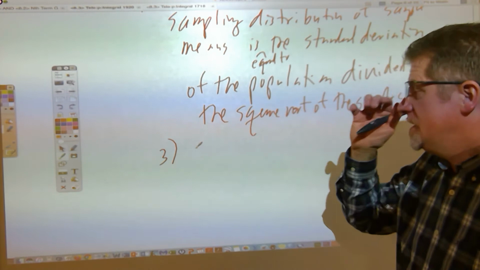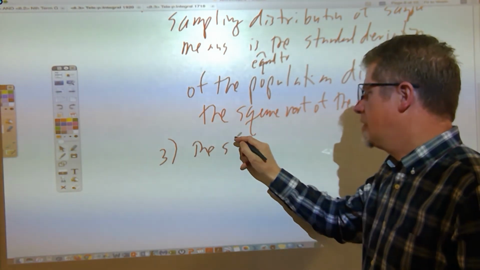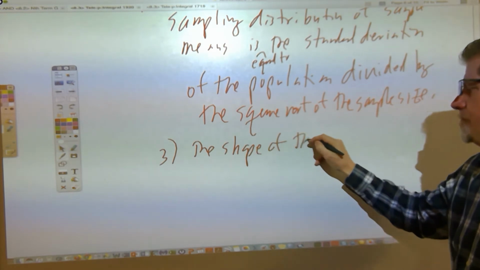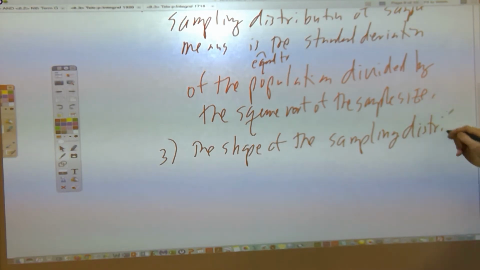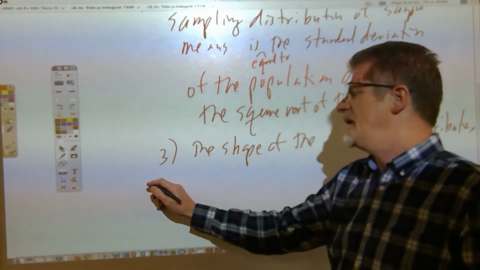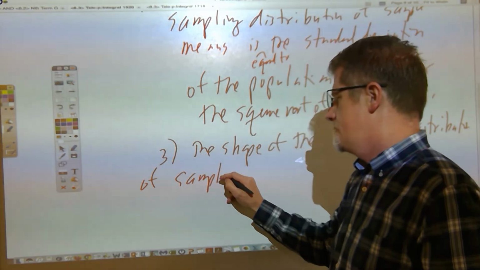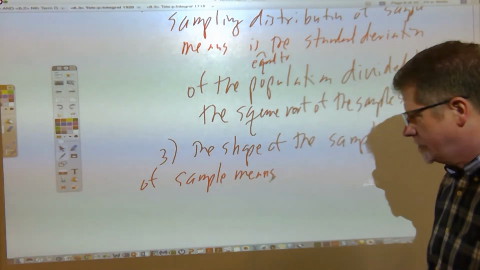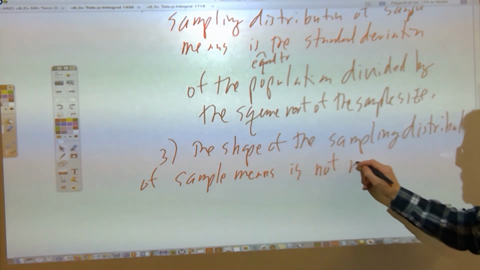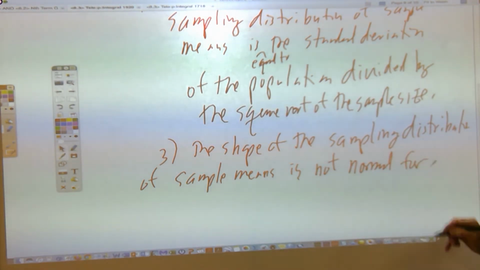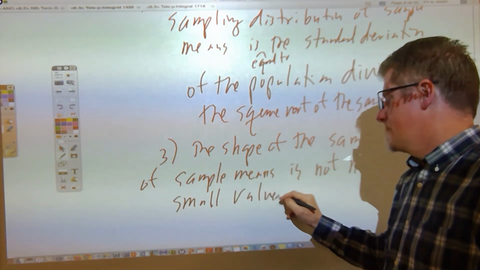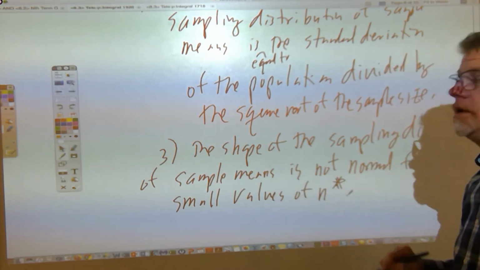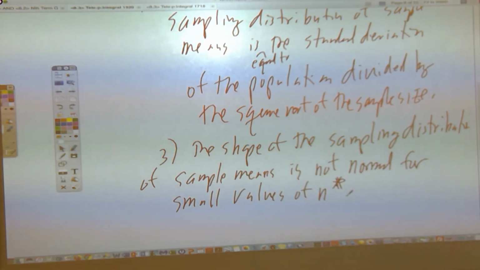The answer to problem 1C in 1998 was: the shape of the sampling distribution of sample means is not normal for small values of n. Asterisk. There is an exception to that. Is not normal for small values of n, asterisk.